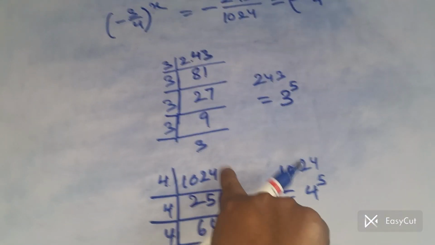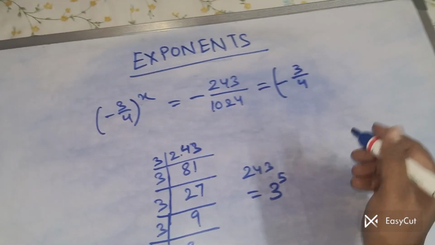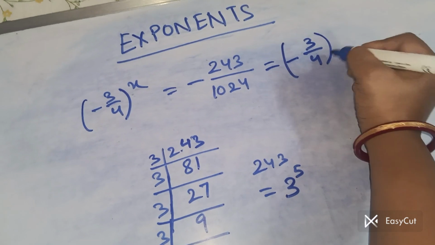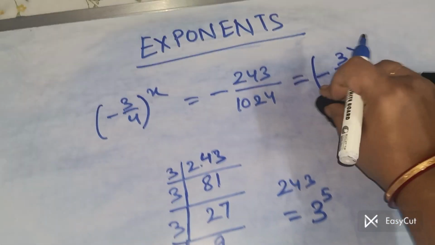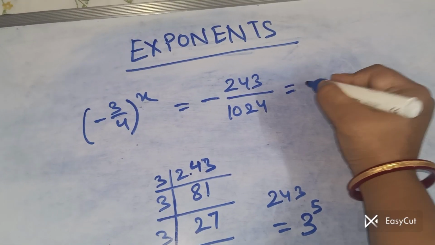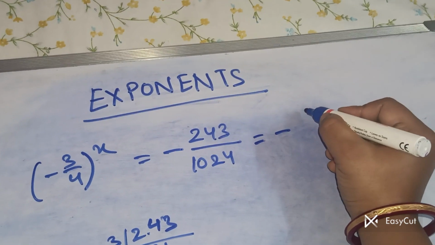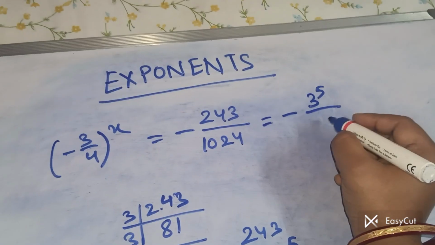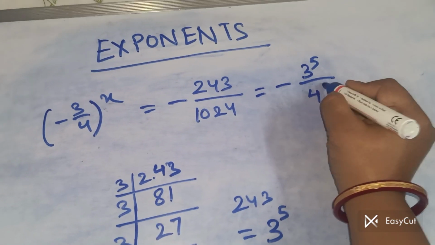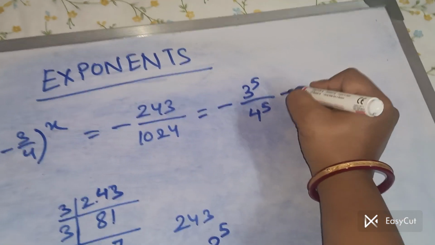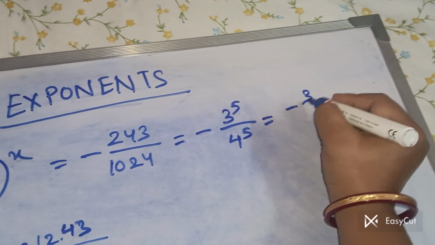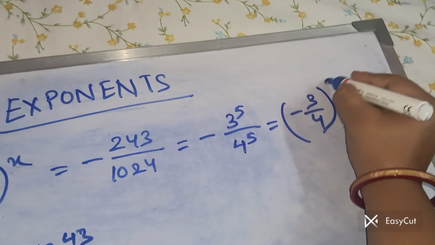See, 243 means 3 to the power 5, 1024 means 4 to the power 5. So we can write minus 243 as minus 3 to the power 5 and 1024 as 4 to the power 5. Then we can write it like this, minus 3 by 4 whole to the power 5.